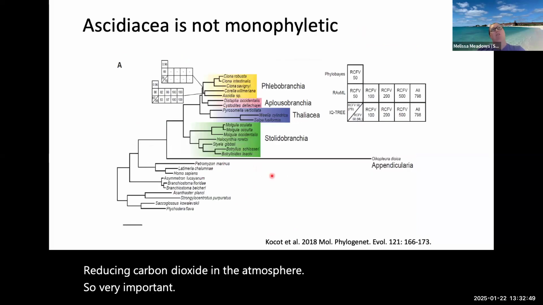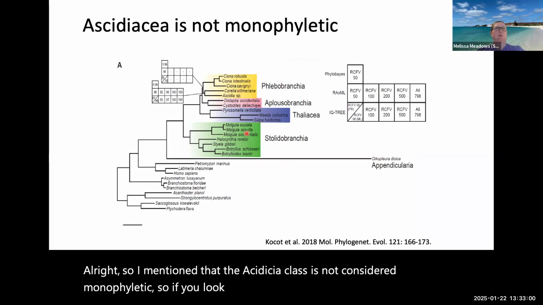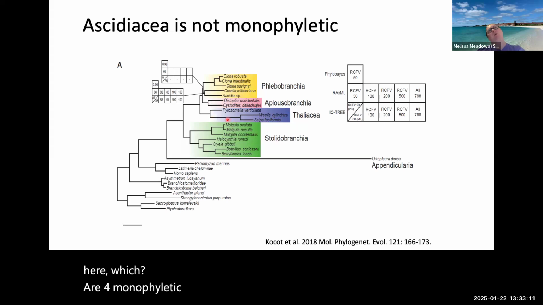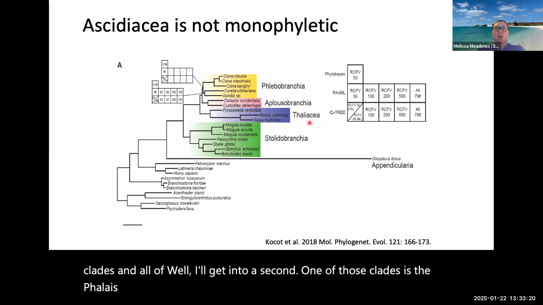All right, so I mentioned that the Acidiacea class is not considered monophyletic. If you look at the color coding on the four clades here, which are four monophyletic clades, you'll see that one of those clades is the Thalliaceae.